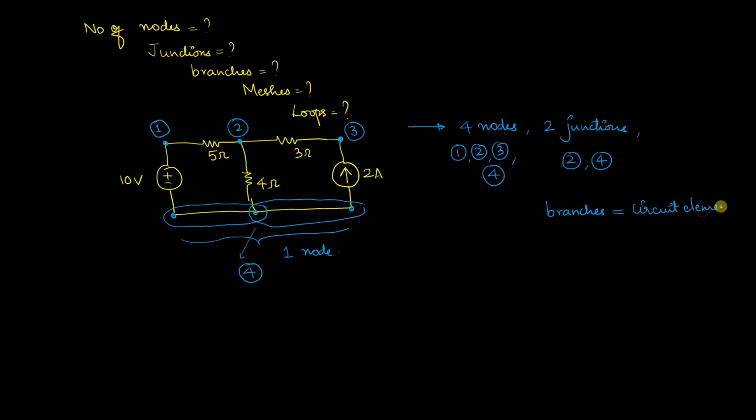So that would be, we have 10 volt, 5, 4, 3 and 2, which is equal to 5 branches. Then meshes, clearly we have 2 meshes which correspond to independent loops, that is equal to 2, and loops can be 2 meshes and one outermost one, which is going to be equal to 3 in total.